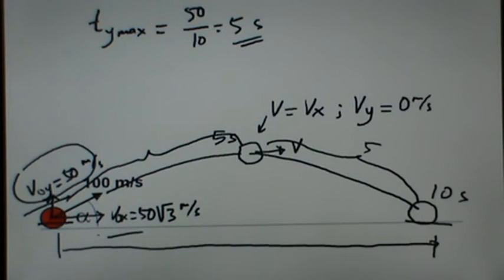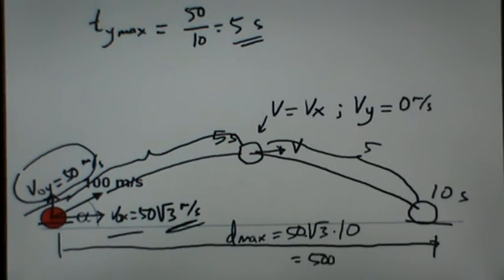Since the ball moves in the horizontal direction with a constant velocity 50 square root of 3, the maximum horizontal distance here will be 50 square root of 3 times 10, or we get 500 square root of 3 meters, or you can calculate the value will be 866.025 meters.